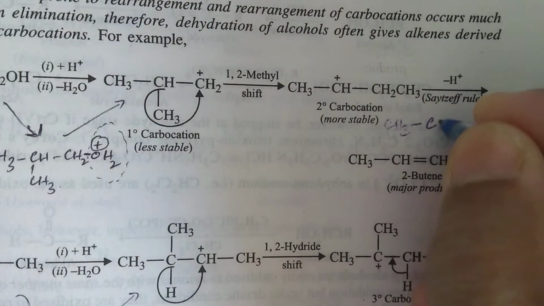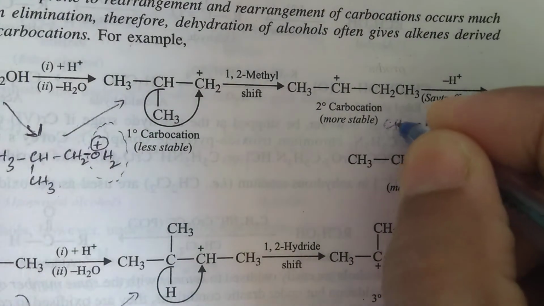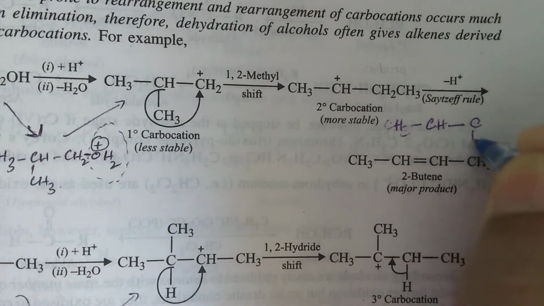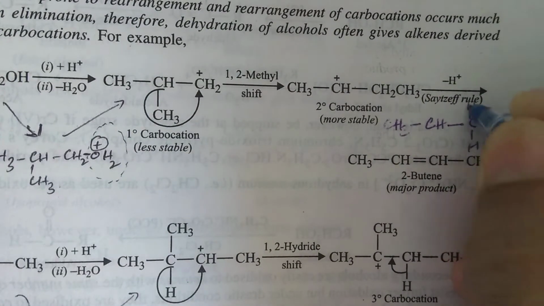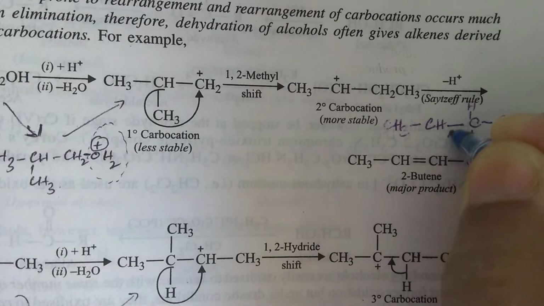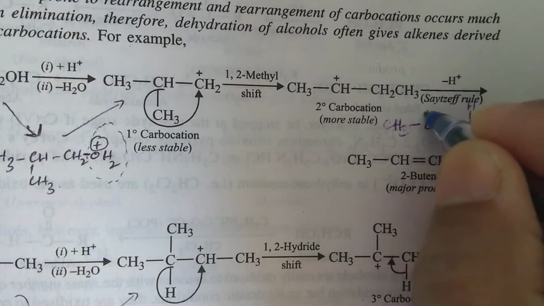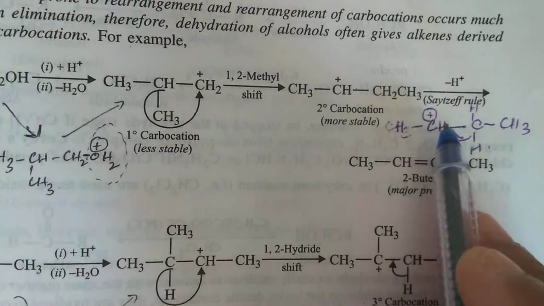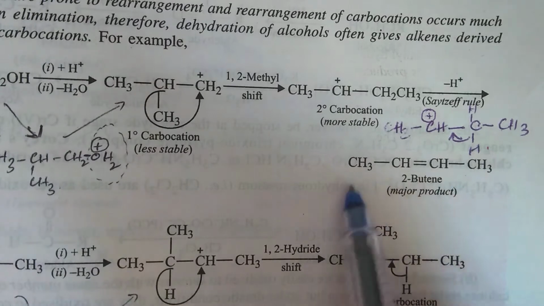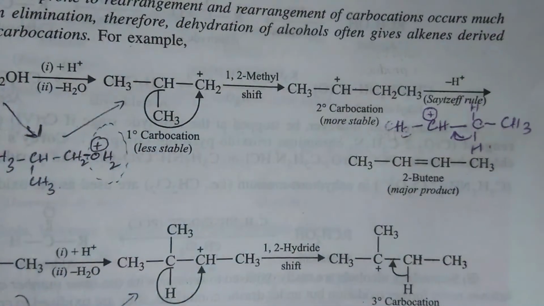CH3, CH, this is what is having the positive charge, and these are 2 hydrogen atoms here and CH3. So this bond is getting shifted here, and the positive charge on this carbon will get neutralized, and this will become a double bond here, right?